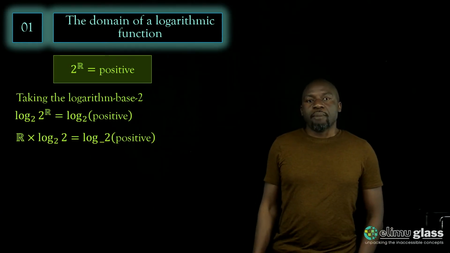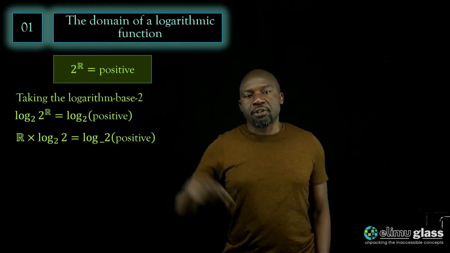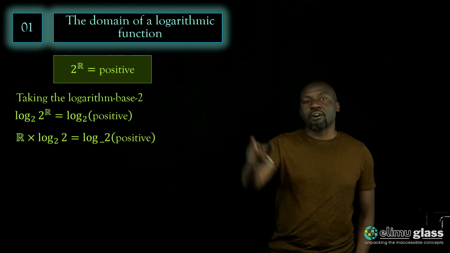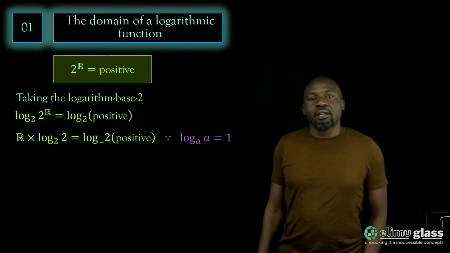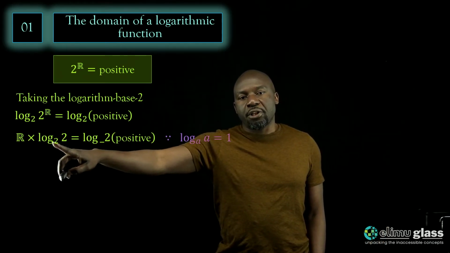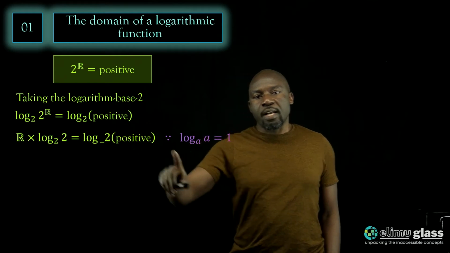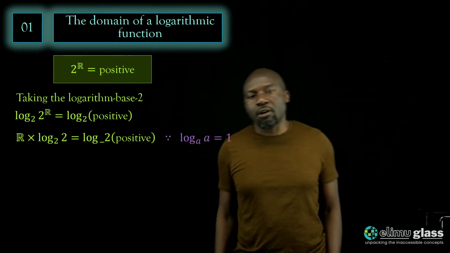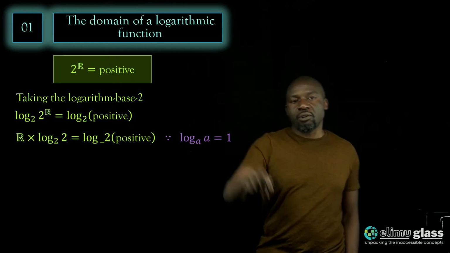All right, it must be the log of positive numbers there, according to what we have. And we know that log to base 2 of 2 is 1, right? So log to base a of a is always equal to 1.